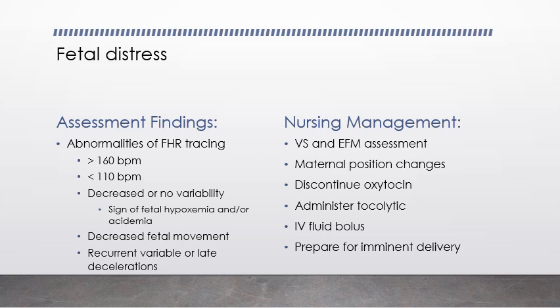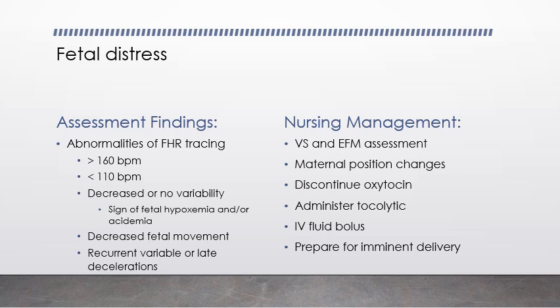If the mommy is being administered oxytocin, we want to turn it off, because those contractions that are stimulated by oxytocin, every time there's a contraction, the baby doesn't get oxygen.